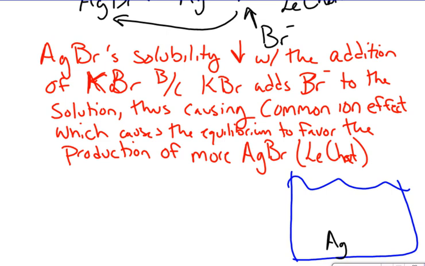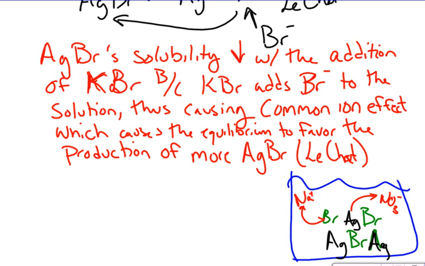I have silver and I have bromine down here, in its solid form. If I add some sodium and some nitrate, what's happening here is that sodium can attract that bromide ion just as well as the water can, and the nitrate can attract that silver ion just as well as water can.